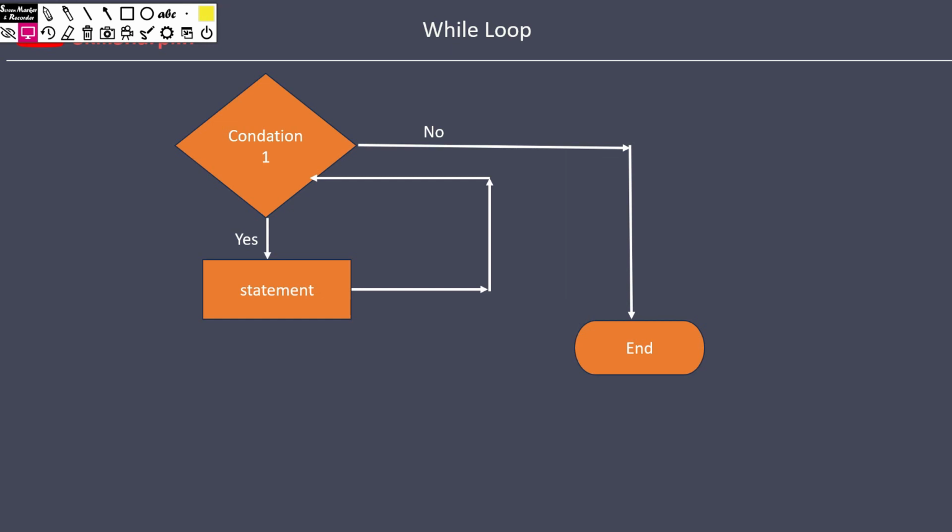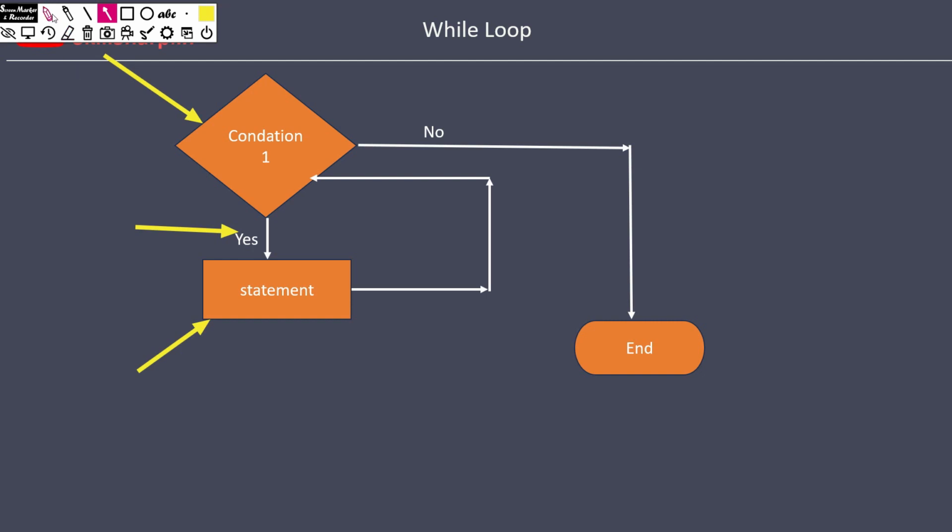And the first loop control statement we are going to see today is the while loop. So let's have a look at the flow chart of the while loop and how it works. First of all, you can see here it will check the condition, and if the condition is true, then the statements inside the block, or indented block in the Python programming language, will execute.